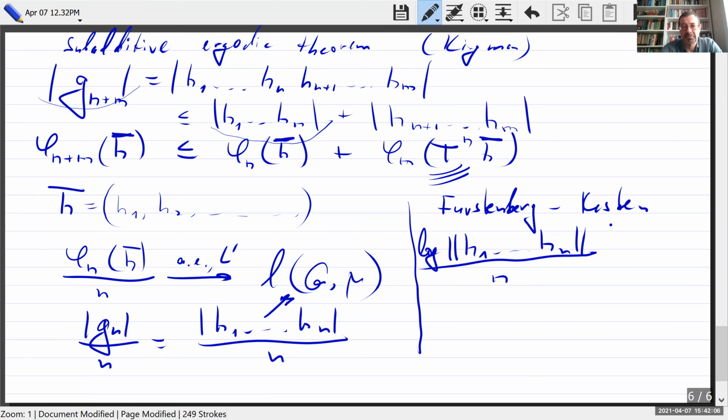So what is the general setting for this kind of results? If it is not discrete, for this kind of results, you just have a left invariant, it doesn't even have to be a metric, a left invariant subadditive function.